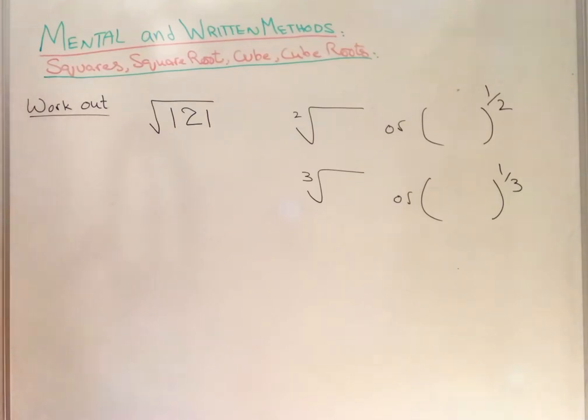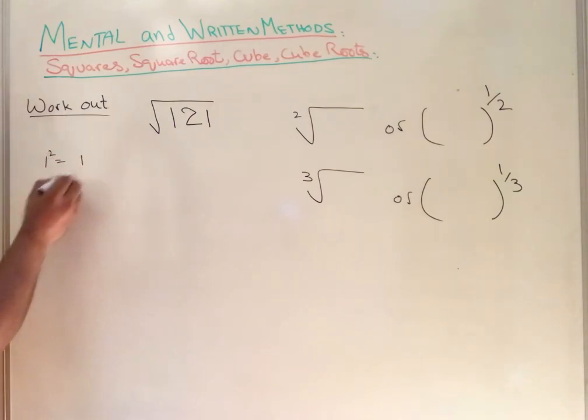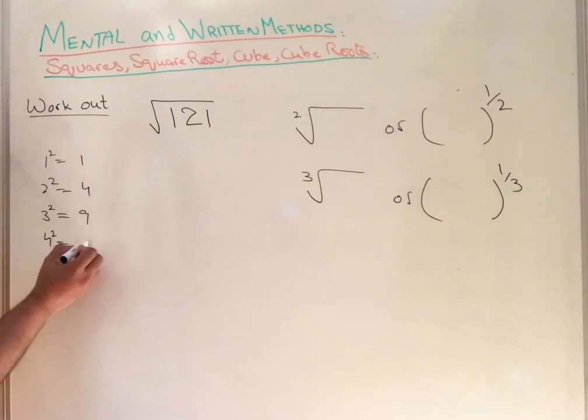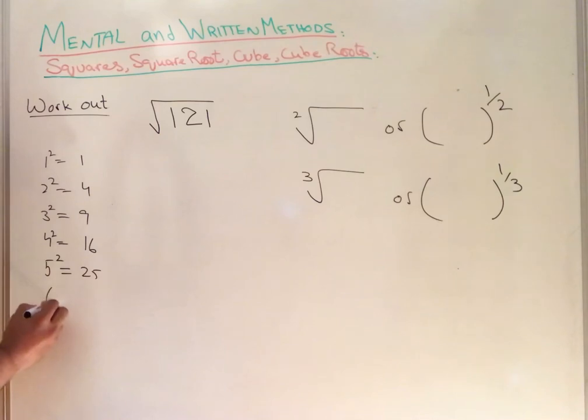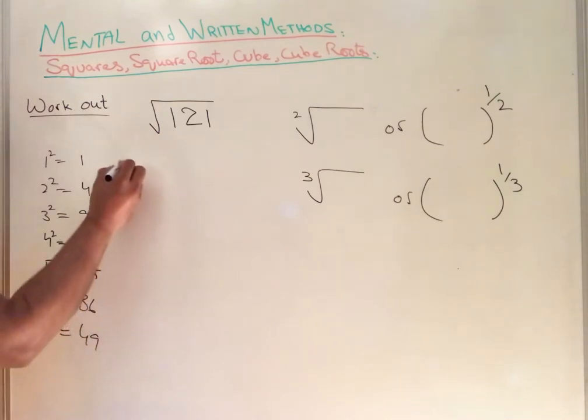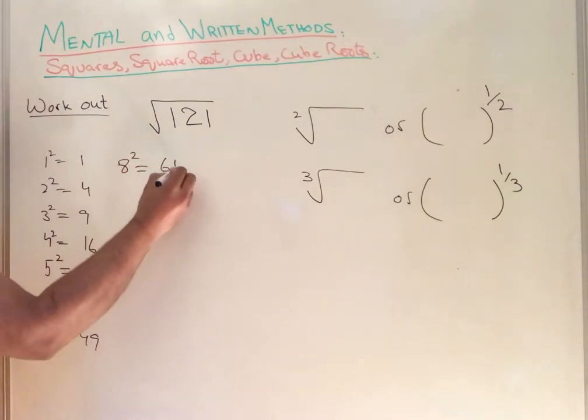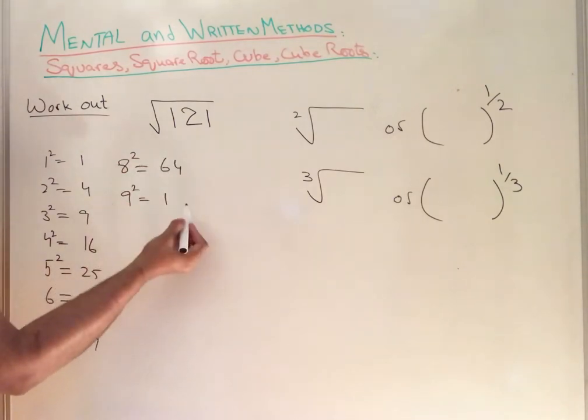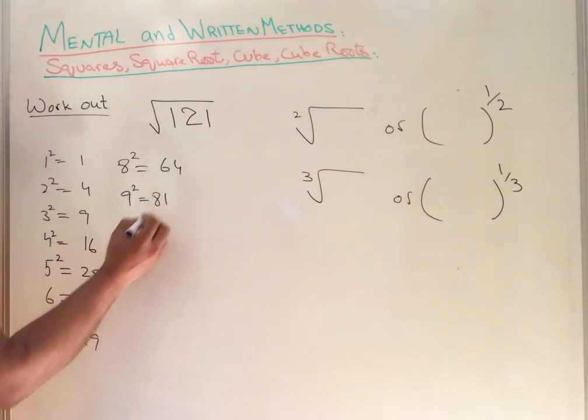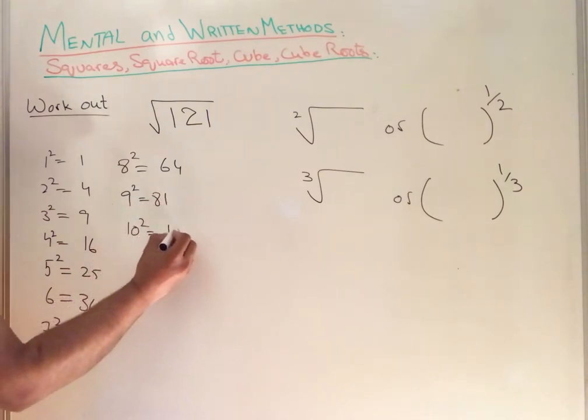So now, first of all, you need to remember the squares. You have to work it out. If you know that 1 square is 1, 2 square is 4, 3 square is 9, 4 square is 16, 5 square is 25, 6 square is 36, 7 square is 49, 8 square is 64, 9 square is 81, and 10 square is 100.